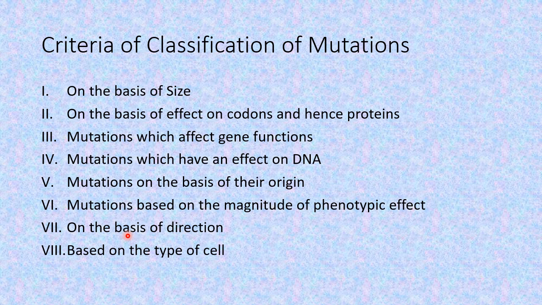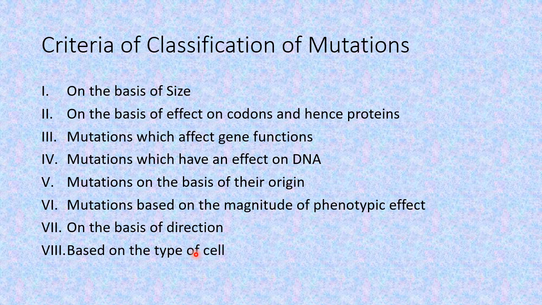So these mutations can also be classified on the basis of direction. Direction means a gene mutates, and then it may again get back to its original form via some other mutation.